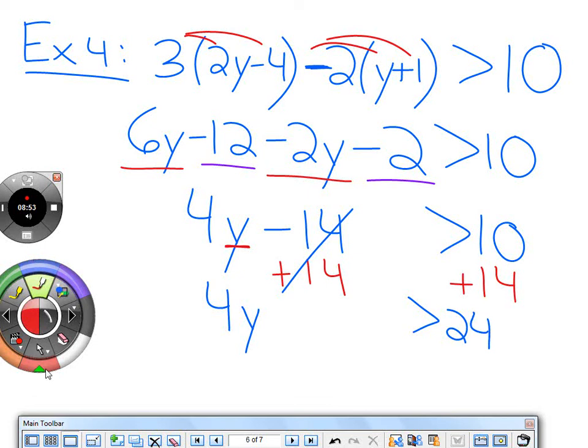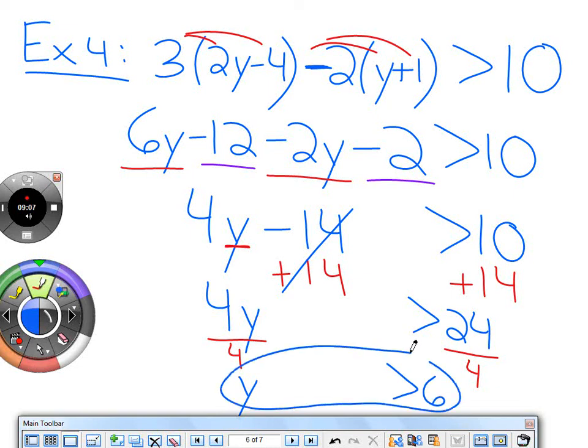Then we want to isolate the y, so we're going to divide by 4. Divide by 4. And so y will be greater than 6. And that would be our final answer there. All right, y is greater than 6.